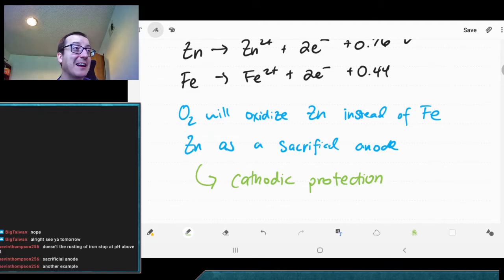So we are going to protect our iron by giving it a sacrificial anode. We are going to prevent the iron from interacting with the oxygen by throwing the zinc in there.